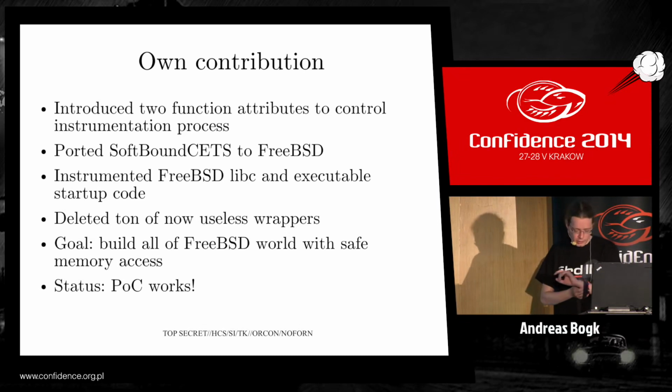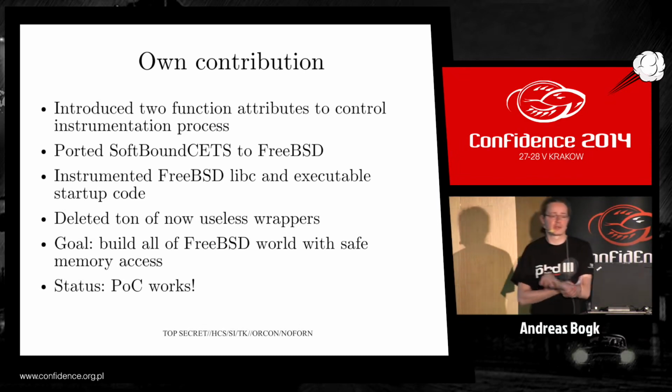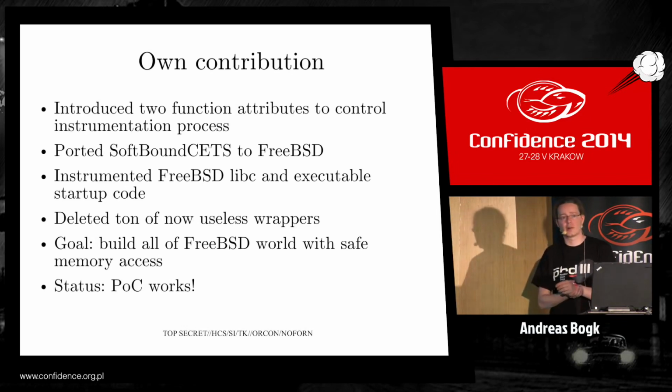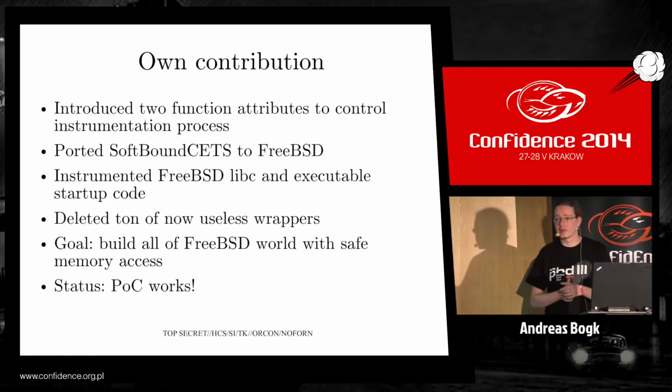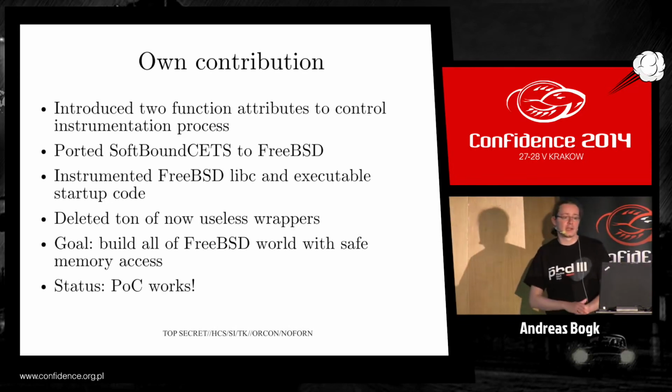So our goal was to take that academic project and bring it to a point where you can use it for real-world code. And we decided to use FreeBSD for the simple reason that it is able to compile itself completely using LLVM. So every single line of C code in your program goes through that compiler and you have it available in source. So it was a nice basis to play around with.